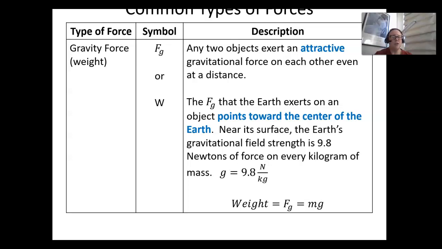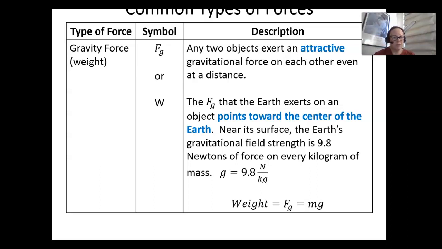Okay, so a gravitational force is represented by the symbol F with a G subscript, F sub G. Any two objects that have mass exert an attractive gravitational force on each other, even if they never touch. It's called an attractive force because this force of gravity always tries to pull the two objects closer together.